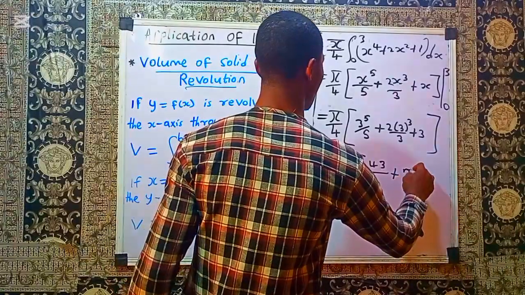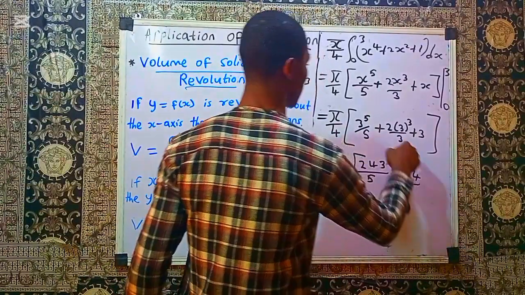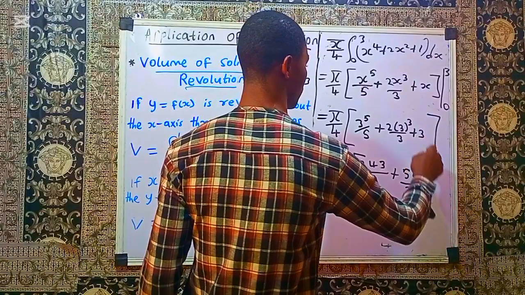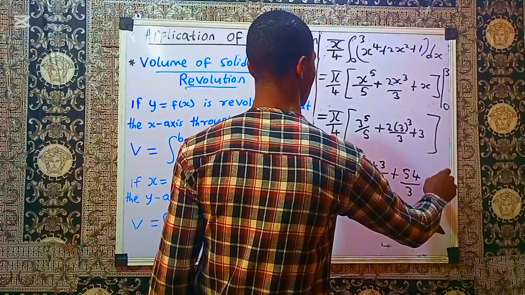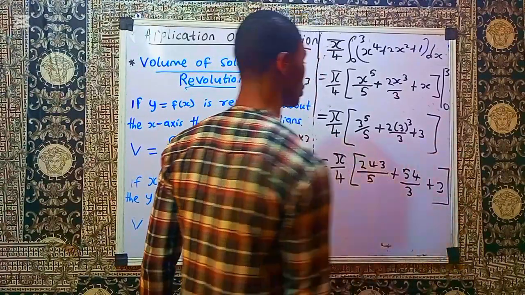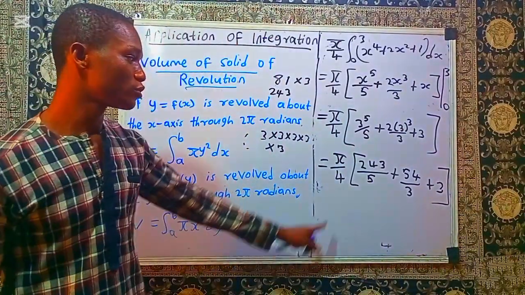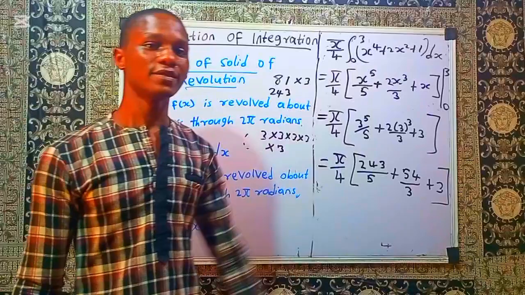Multiply by 2, you are going to have 54, then divided by 3. Then plus 3. So you can do the simplification at your convenience. When you simplify this, you will get the final result.